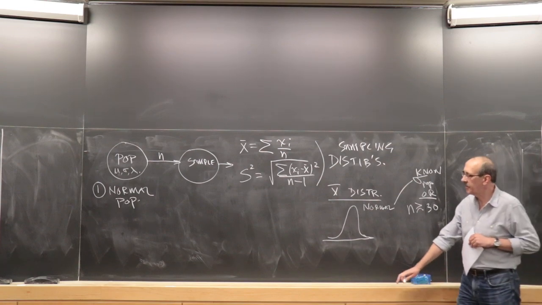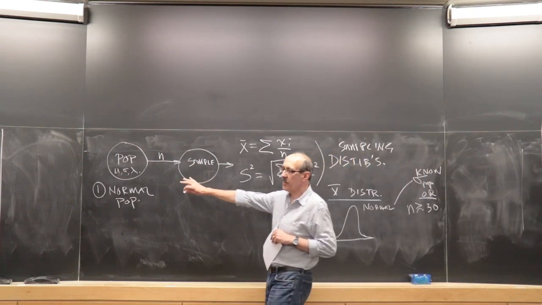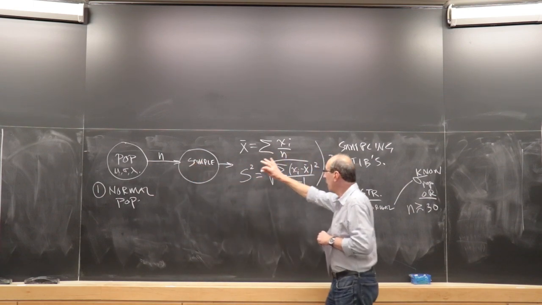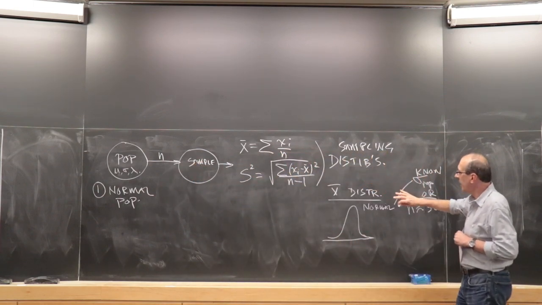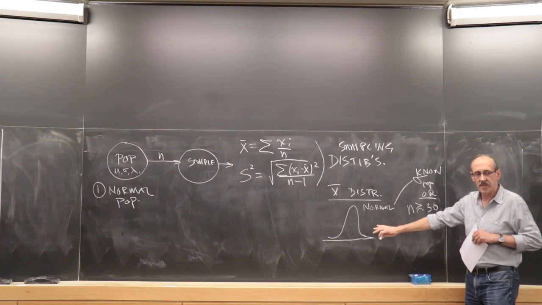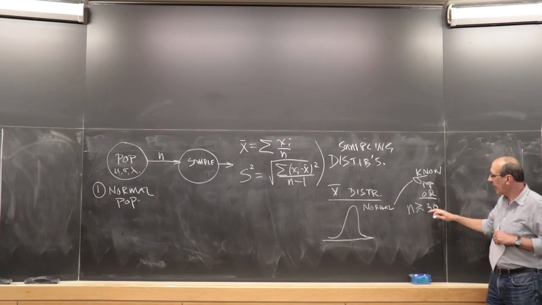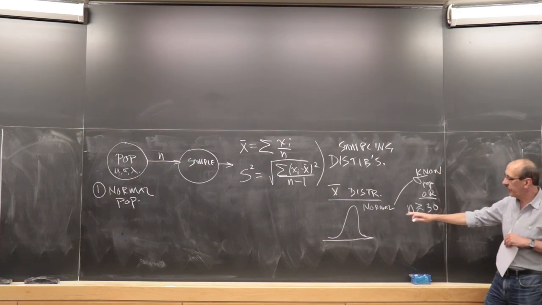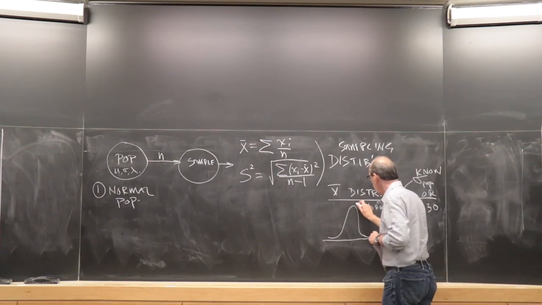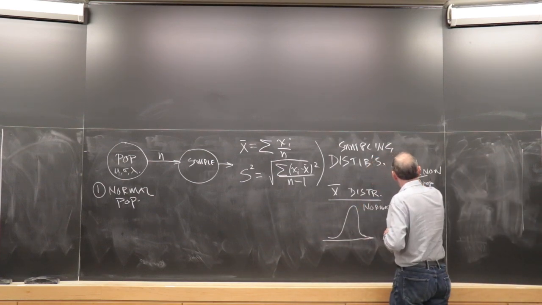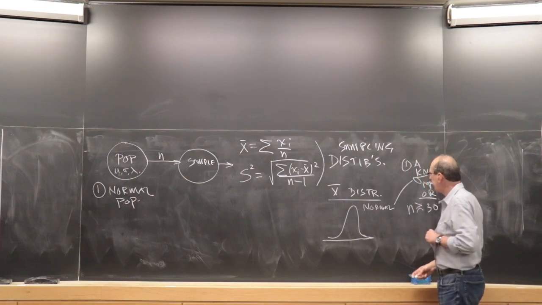So let me go through that again. I assume I've got a normal population, I take my sample, I calculate the sample mean, and then I ask what's its distribution. And if either I know the population standard deviation or I have enough samples, then this is going to be normal. So let me call this case 1A.